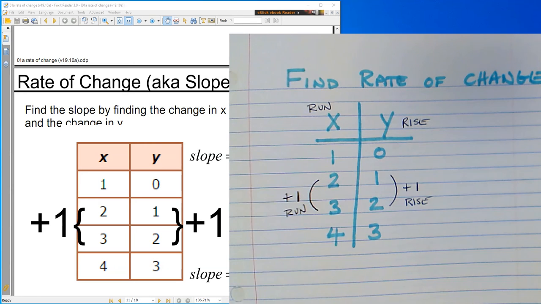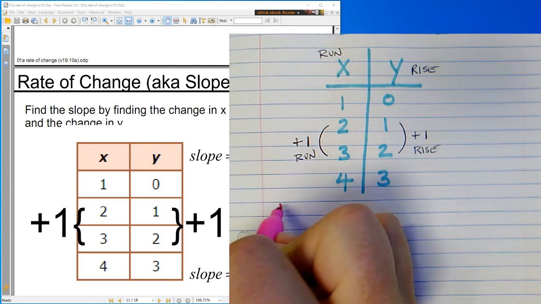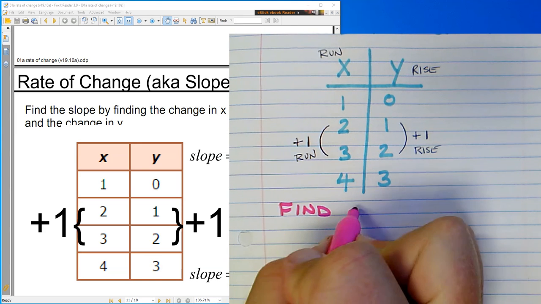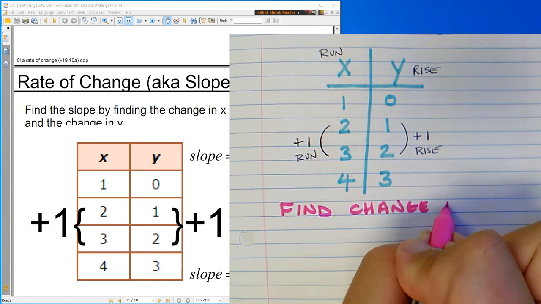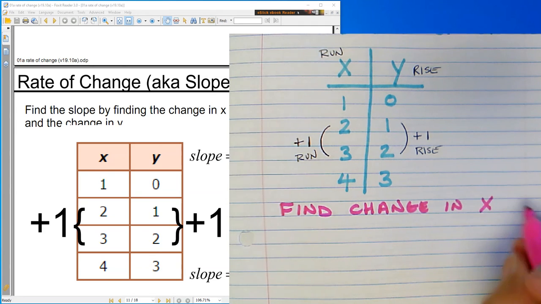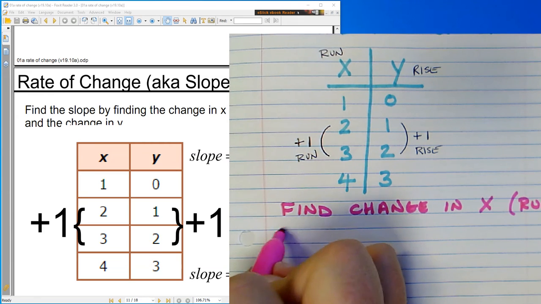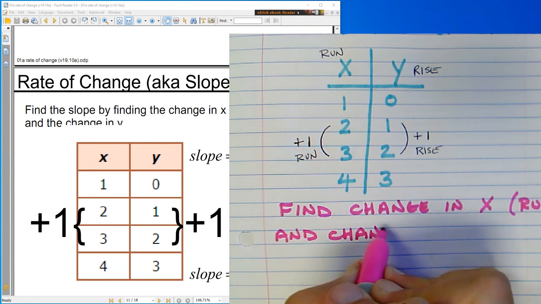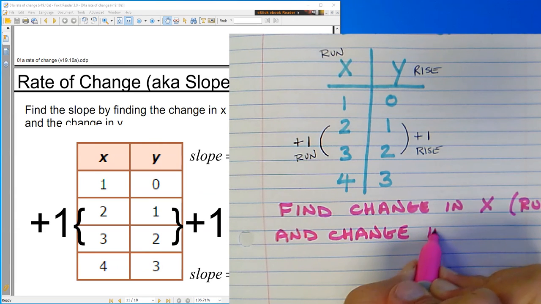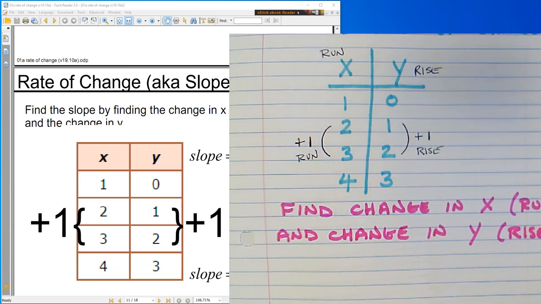What I'm doing is finding the change in x and the change in y. Change in x, that's your run. That's your rise.